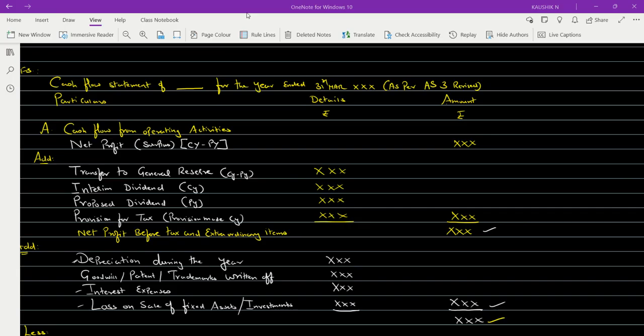So net increase or decrease in cash and cash equivalent here is 20,000. This is the value they have got. That means the difference is taken into account. The value of A plus B plus C, added to the opening values, will be equal to the closing values added together. That's what they say here. Clear?